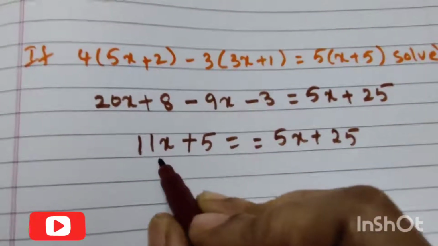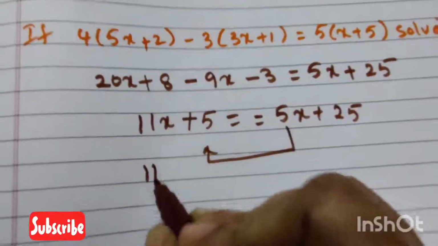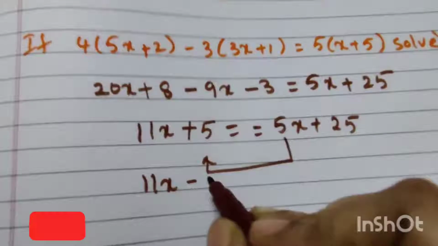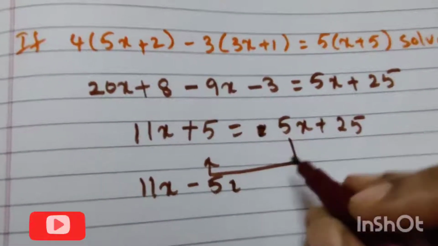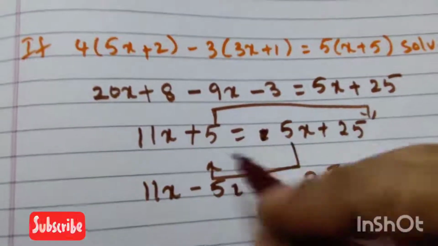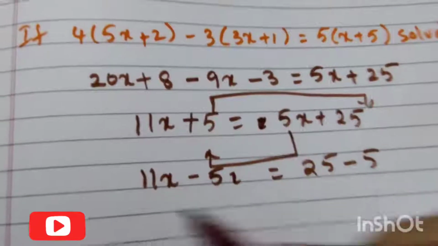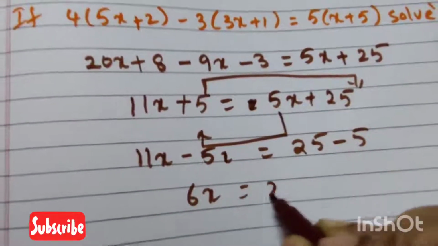Now taking x terms to one side and the constant values to the other side. So 11x comes here, it will become 11x minus 5x. Here 25, this 5 is coming to this side, it will become minus 5. So 11 minus 5 is 6x is equal to 20.